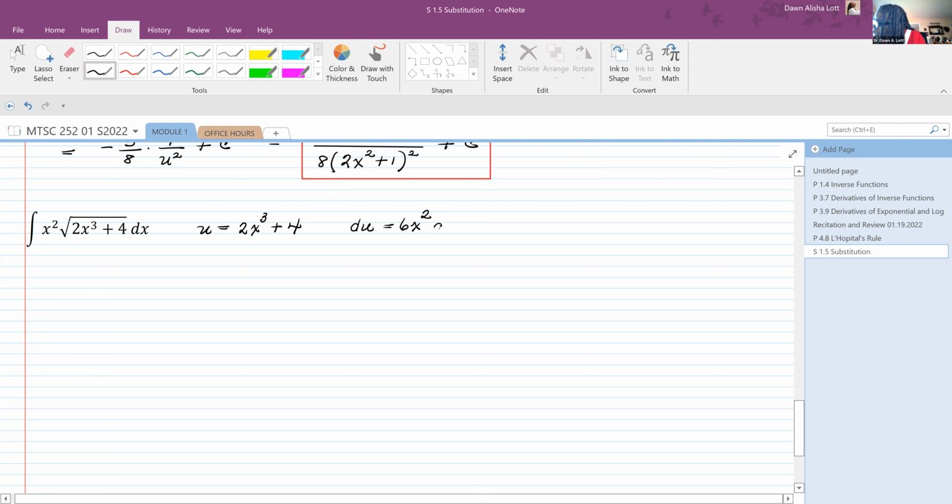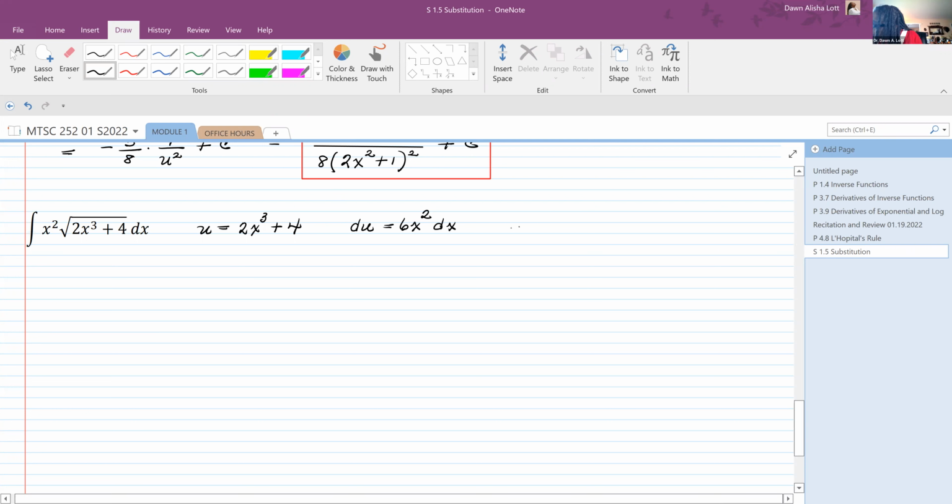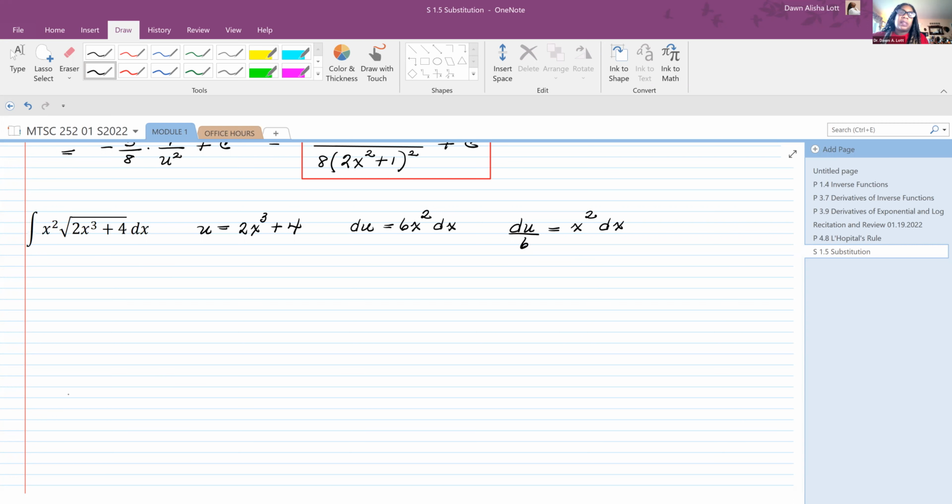Don't forget your dx. And then to get dx, it's du over 6x squared. Not 6x squared, just du over 6 is x squared dx. I was just going to plug it back into the integral to cancel the x squared. Oh, okay. Some people do that. That's okay. All right, go ahead.